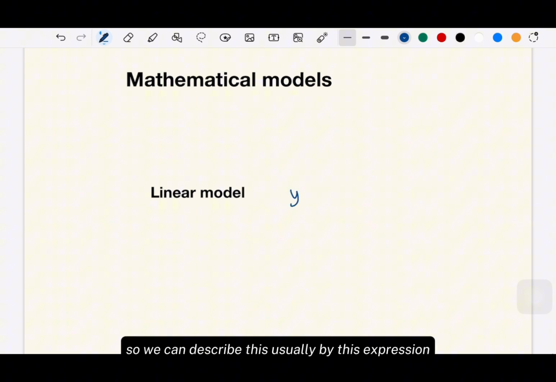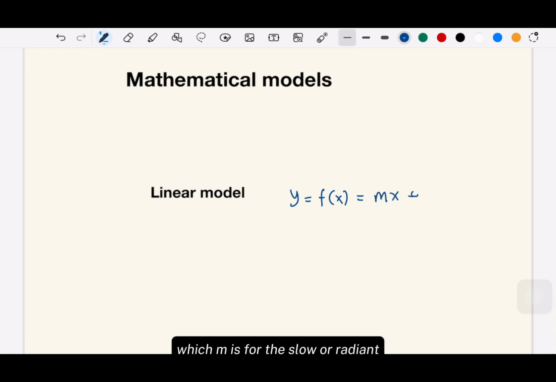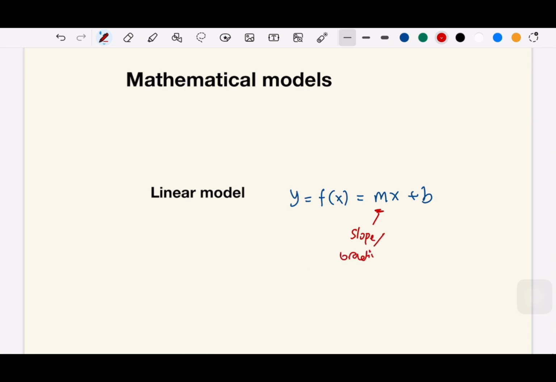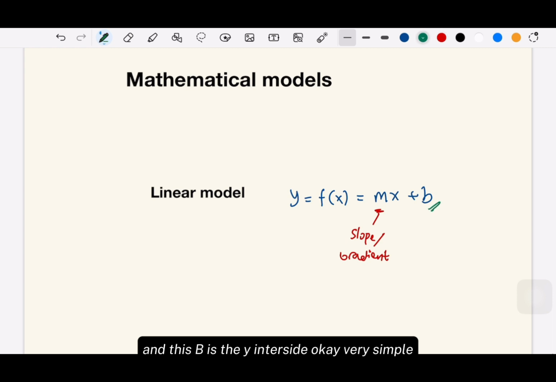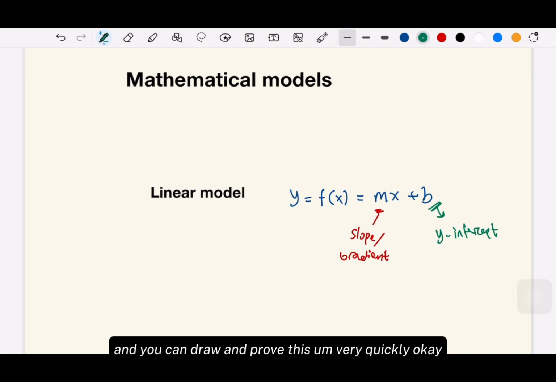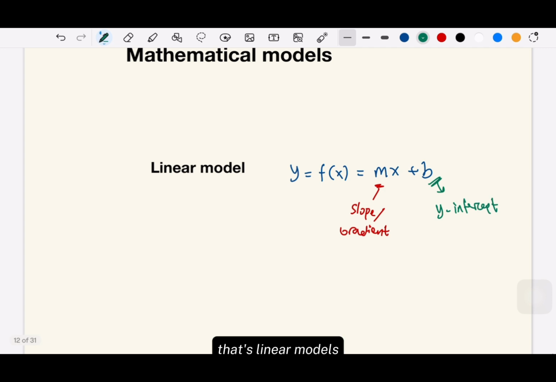We can describe this usually by this expression, where m is the slope or gradient, and this b is the y-intercept. Okay, very simple. And you can draw and prove this very quickly. Okay, that's linear models.